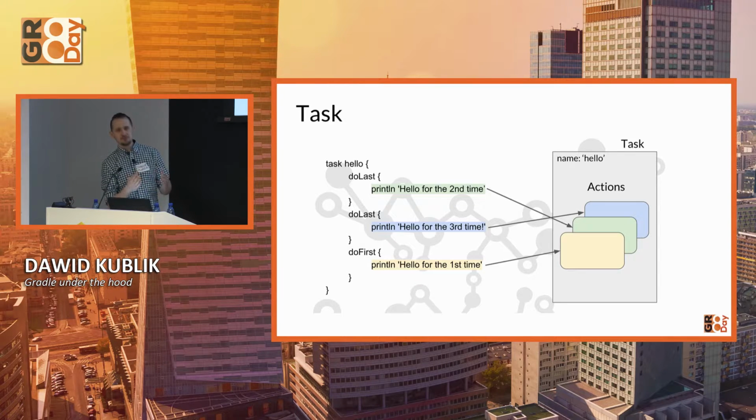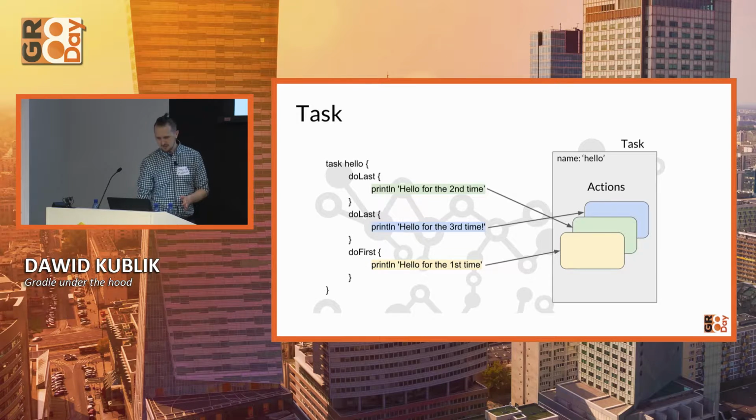It's very different from the Ant perspective, because in Ant you were using scripts, and in those scripts you were telling, okay, let's do that, and copy those files from this directory to the other, let's build those files. But here, no, this is the declarative part. You are just configuring. So you are telling, okay, this is my task, let's configure it. It will be called and run sometime later.